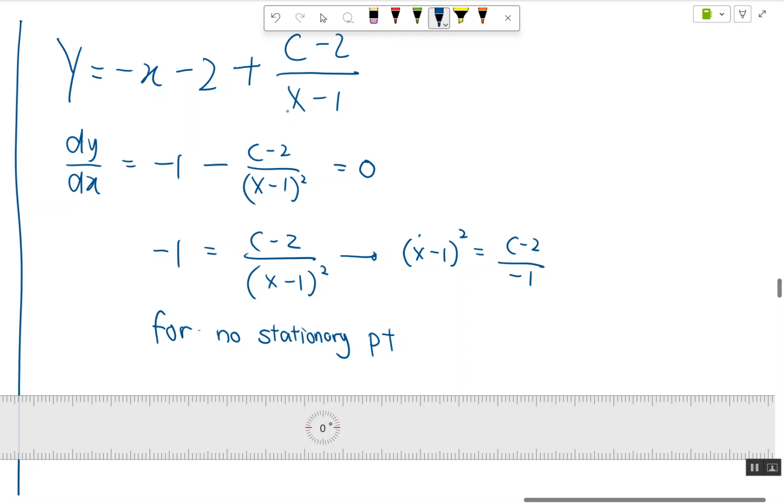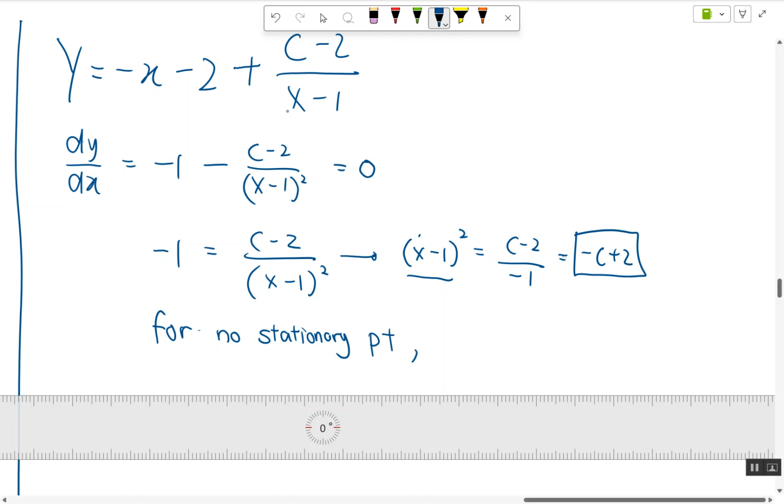For no stationary point, what is the crucial part about this? It's x minus 1 squared. Can you see this is a square? If this guy is positive, can I square root? Yes, I can square root. But do I want to be able to square root? No. So for no stationary point, I don't want it to have any roots, right?